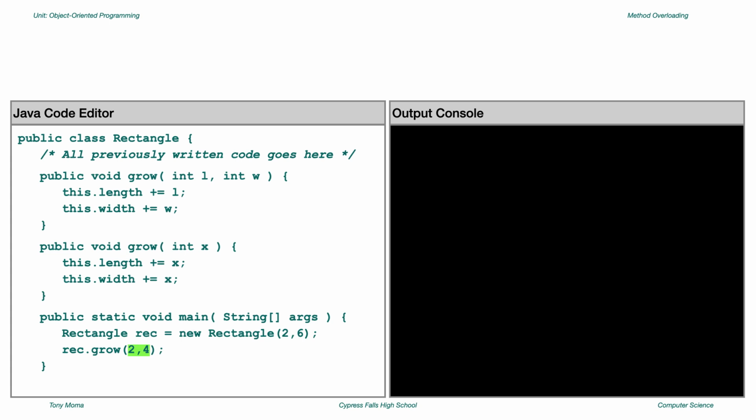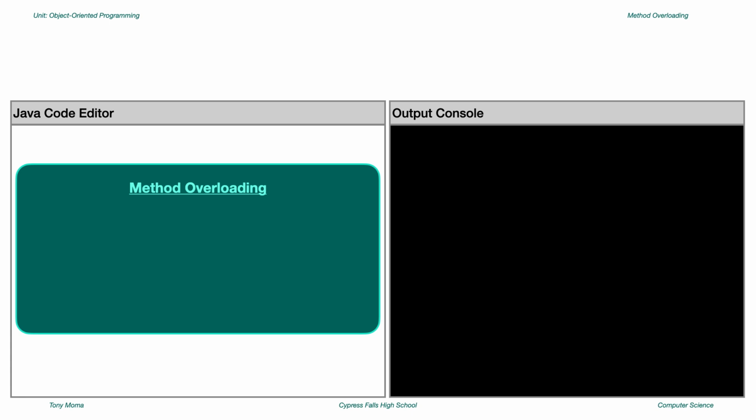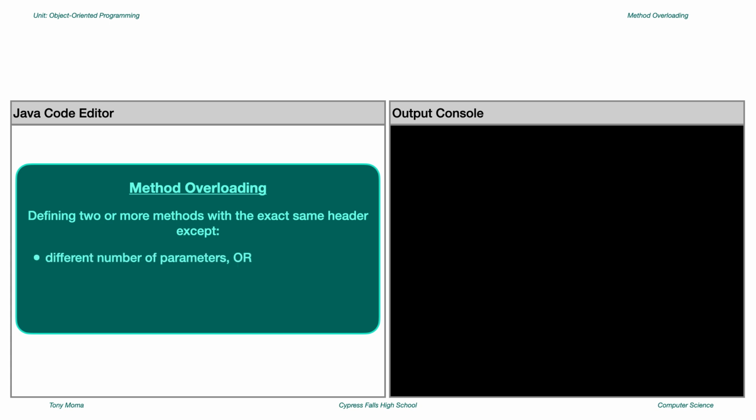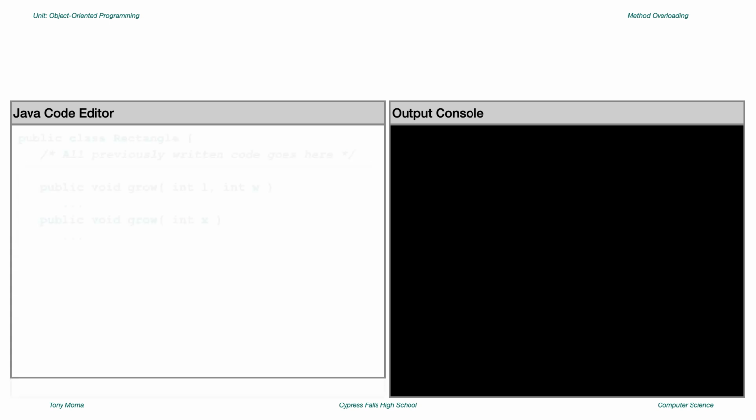All of this is an example of method overloading. Method overloading is defining two or more methods with the exact same header, except the methods will have a different number of parameters, or different parameter types, or different order of the parameter types. Here's what I mean by each.